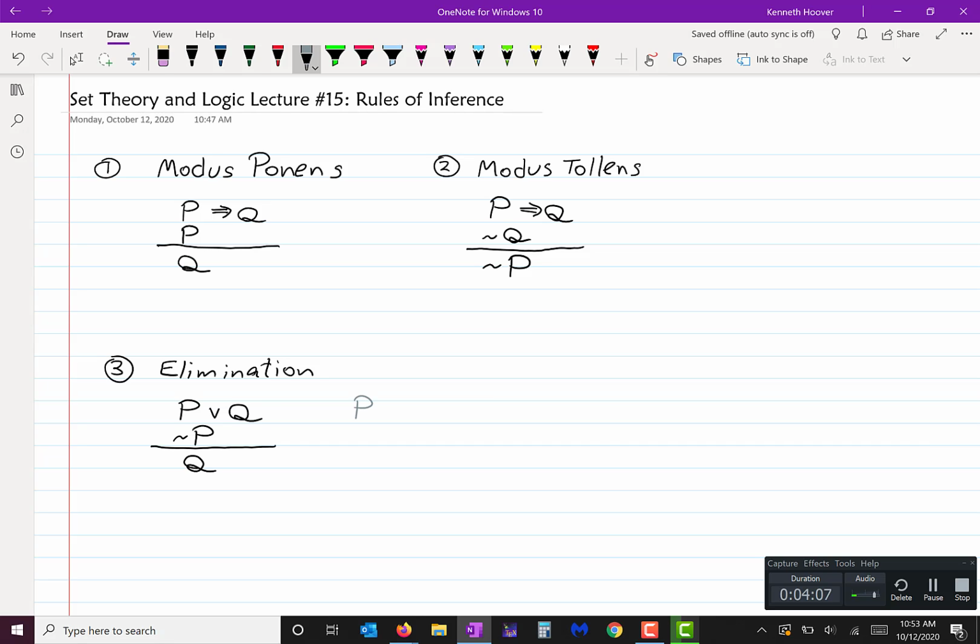If you had P or Q, and then you were given not Q, then you could conclude P. I don't think that's necessary to write down separately, but if you used it that way, that would also be a case of elimination. Now I'm going to give you about 5 more that the book doesn't seem to spell out, which is fine, but I think this will be useful for us.